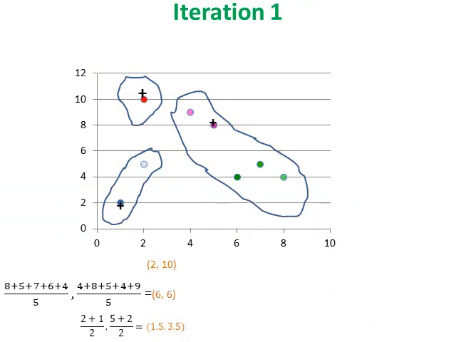Next step is to update the centers. Center 1 is updated from 2, 10 to 2, 10. Center 2 is updated from 5, 8 to 6, 6. Center 3 is updated from 1, 2 to 1.5, 3.5.